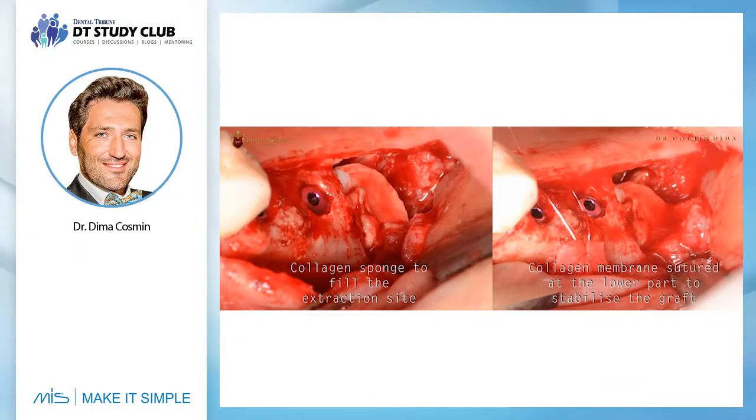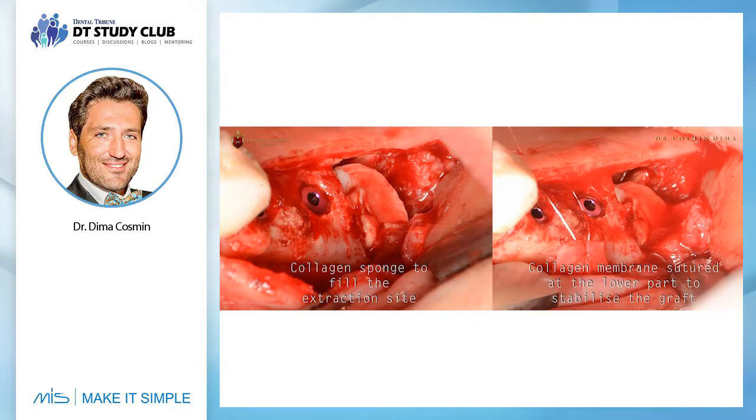Very important thing, we have to stabilize the graft. One of the most important criteria for having success when we make bone grafting or even tissue grafting is that the graft must be very stable. So we insert the collagen membrane inside the sinus.